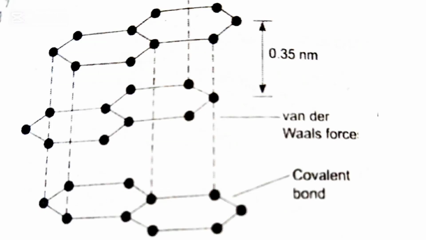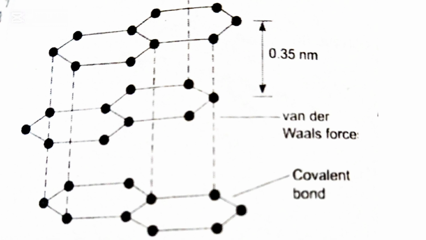The structure of graphite. So this is the structure of graphite. You can see it is composed of hexagonal layers which are over each other, about 0.35 nanometers far apart. They are joined together by weak van der Waals forces, and the carbon atoms themselves are combined using a covalent bond.